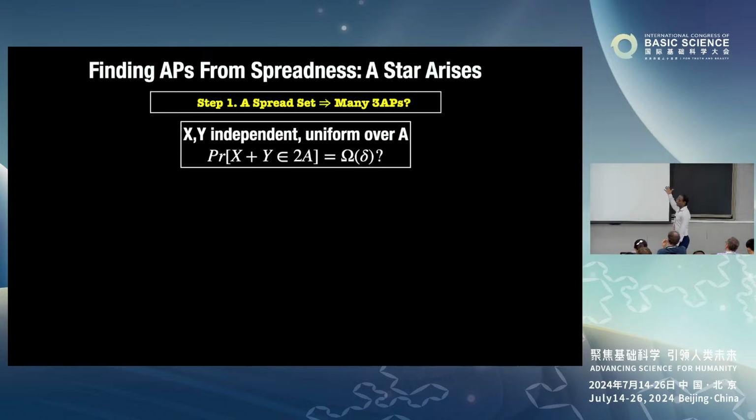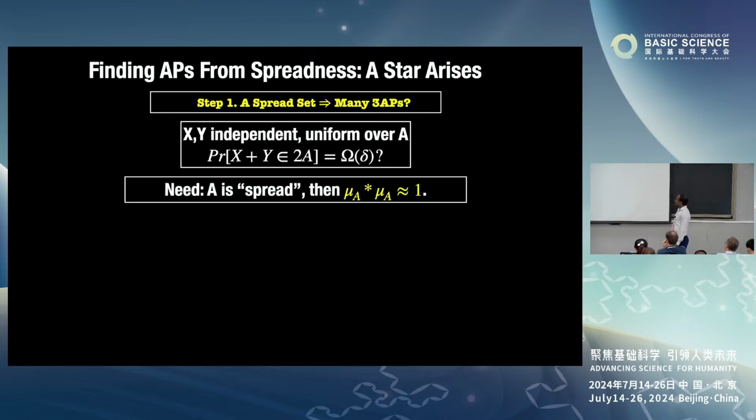So we want to show that a spread set A is then the convolution function, right?